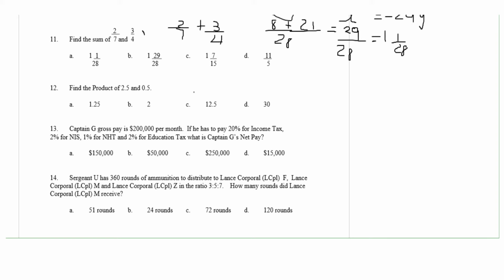For this one, we're going to find the product. Product means multiply. So here we have 2.5. I'm going to take out the points and add them in the end. So I'm going to multiply 25 by 5. 5 times 5 is 25. 2 fives are 10, plus 2, 25 there.